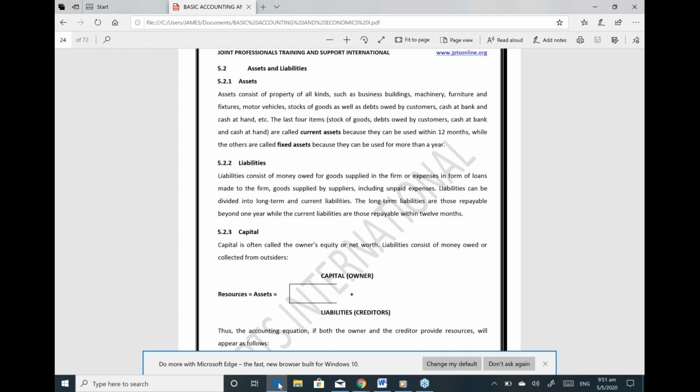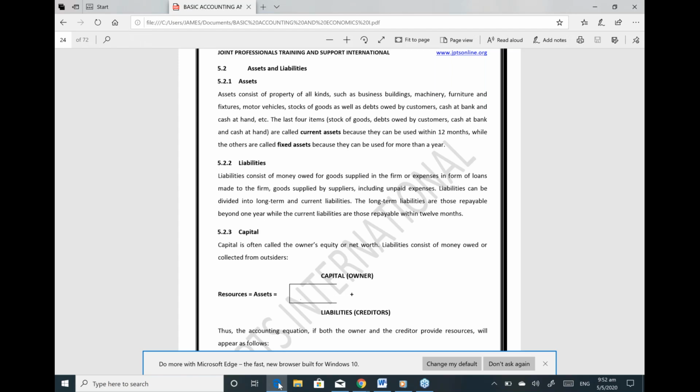The fixed assets are the building, the machinery, the fixtures and fittings, the motor vehicles. Under current assets, we look at the closing stock of goods, the debtors owed by customers, cash at bank and cash in hand.